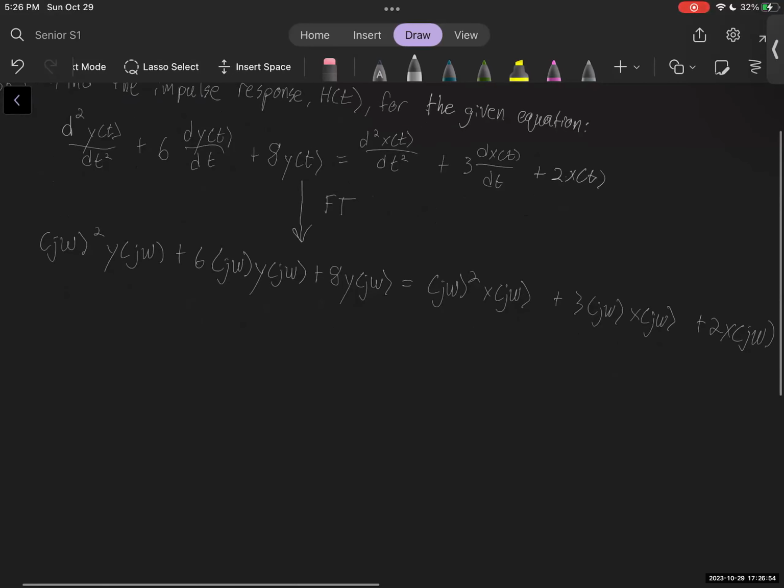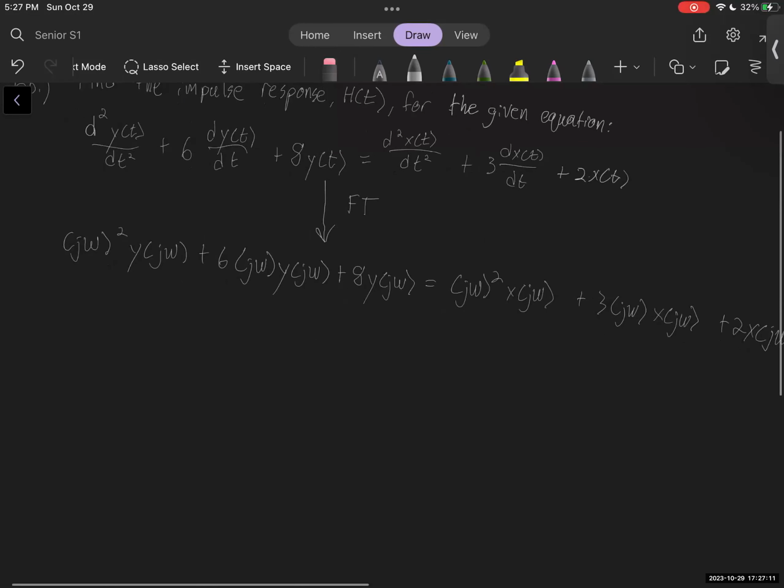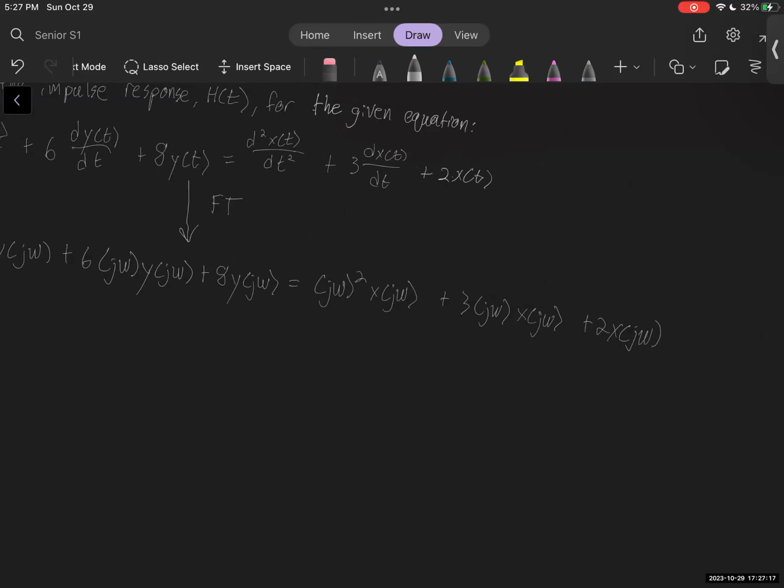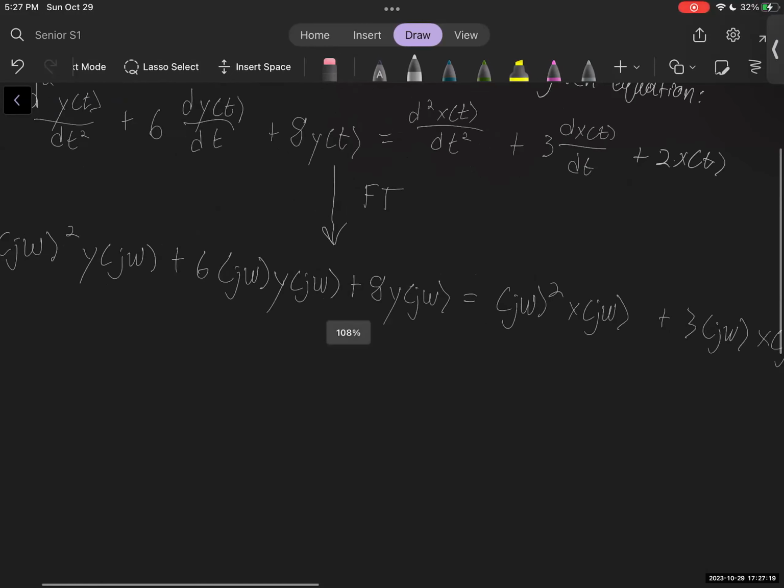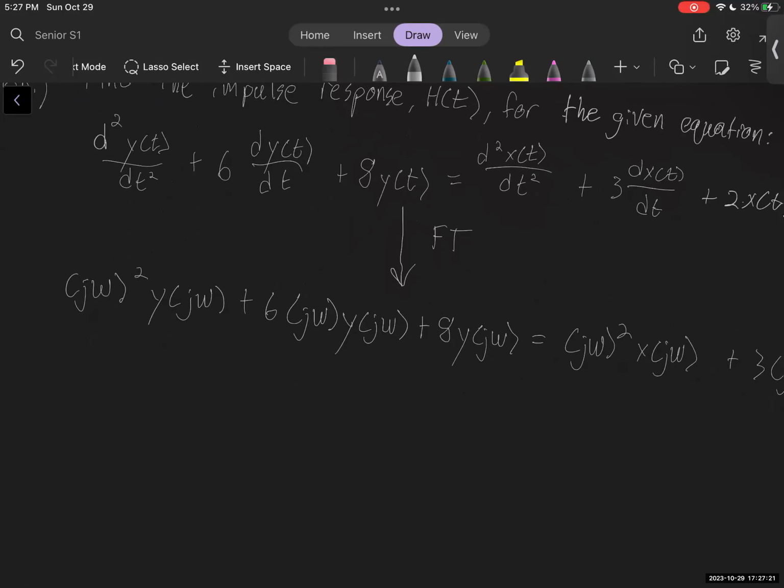Now, we want to find the transfer function. And the definition of the transfer function is y of j omega over x of j omega. So we want to rearrange this equation to be in the form y of j omega over x of j omega is equal to something. So the way we're going to do that, every term on the left is multiplied by a y of j omega, and every term on the right is multiplied by an x of j omega. So we can go ahead and factor those out.